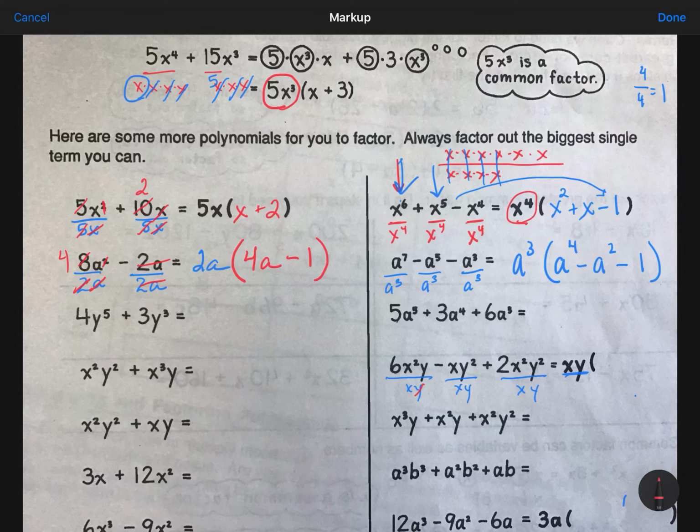Okay, in this case, your y's are going to go away completely, but your x's, you're still going to have one x here. Okay, this one's going to go away. This one, you're going to be left with one y. Here, you're going to be left with an x and a y. Okay, so you're going to want to carefully transfer that over.